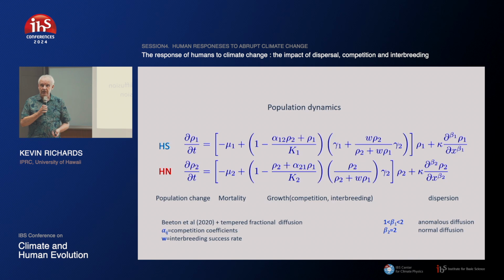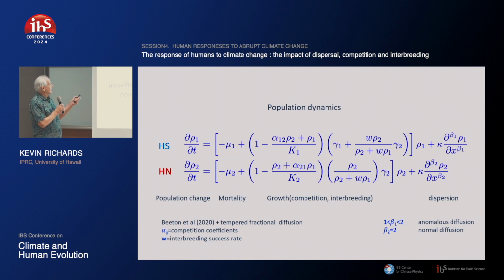And here we take notice of the fact that during this time, it is thought that the gene flow was from Neanderthals into Homo sapiens, in other words, Neanderthals being assimilated into the Homo sapiens population. And so the interbreeding is going to take individuals from Neanderthals and place them in the Homo sapiens population.